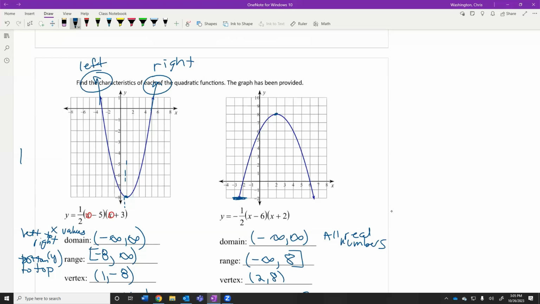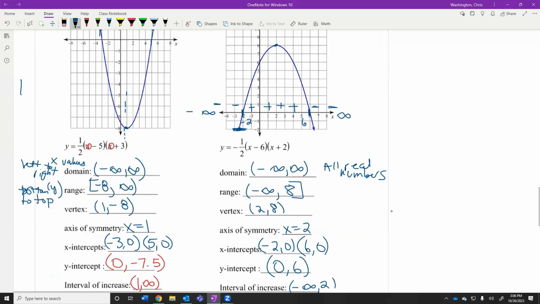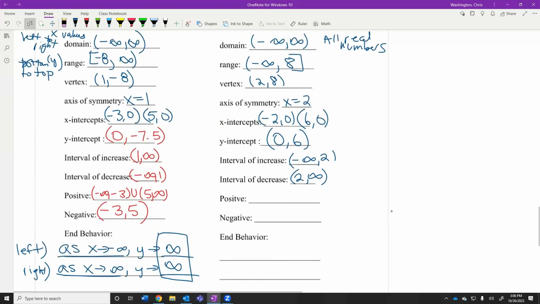So we're going to be positive in the middle, and then negative on the outside. So from negative infinity to the x-intercept, -2. From -2 to 6 would be positive, and then from 6 to infinity would be negative. So positive was -2 to 6. Negative was negative infinity to -2, or 6 to infinity.